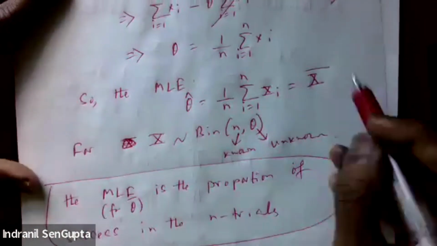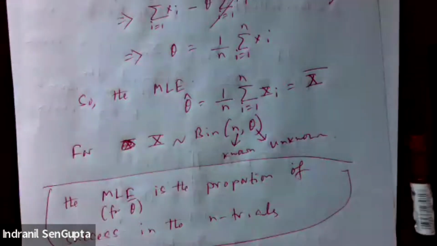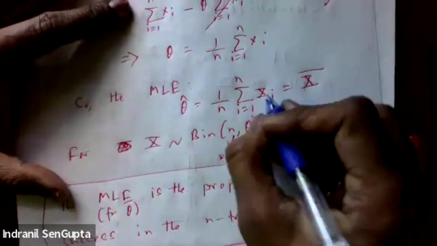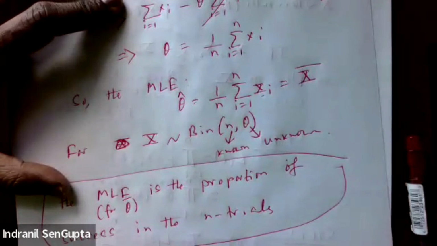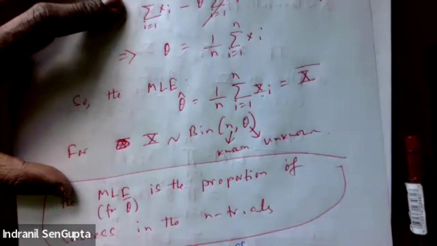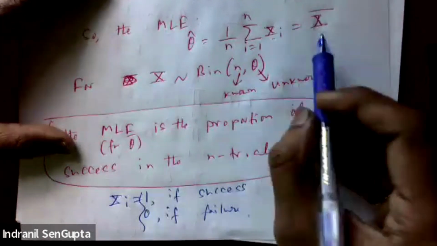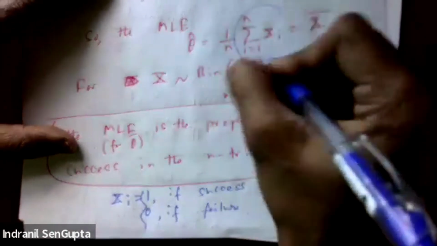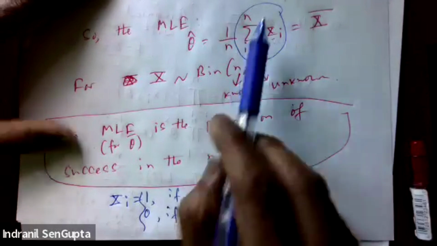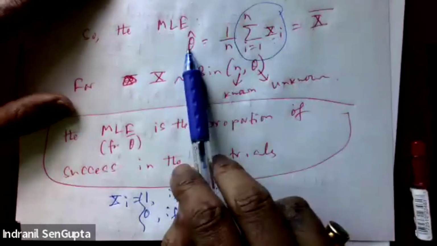It's a very important result. What do you mean? It's a sample mean, that's right. But what is a sample mean? Remember that xi equals 1 if success, and 0 if failure. So the summation of xi counts the number of successes, right? So what is theta hat?